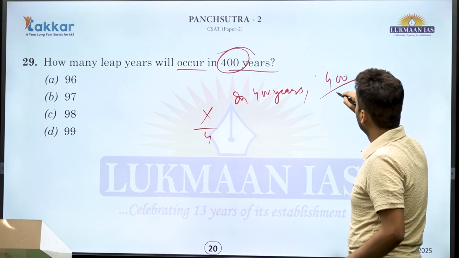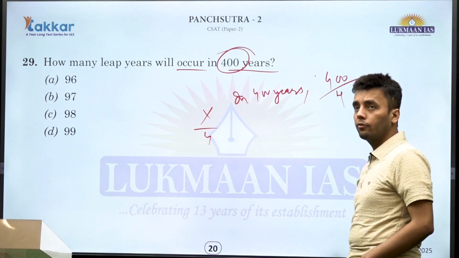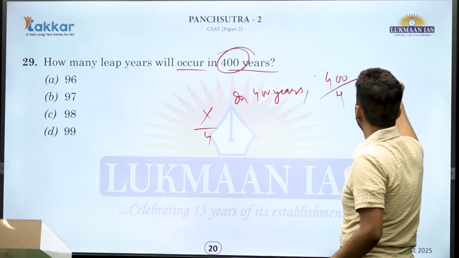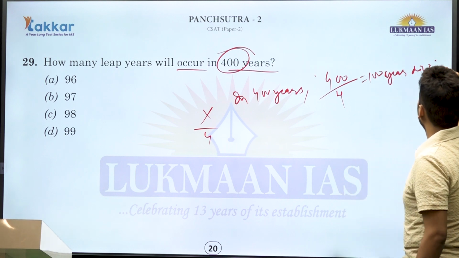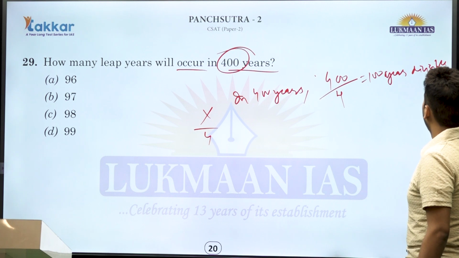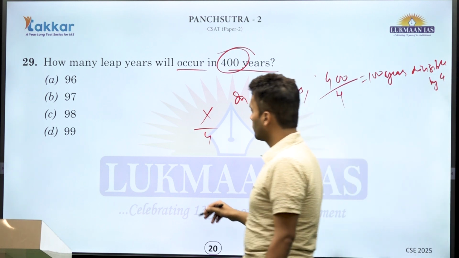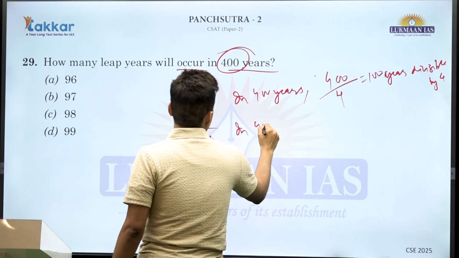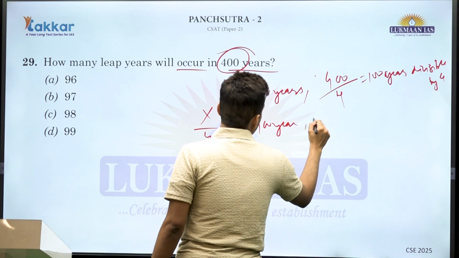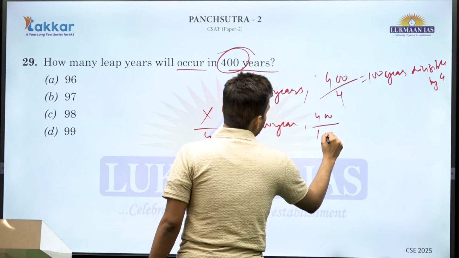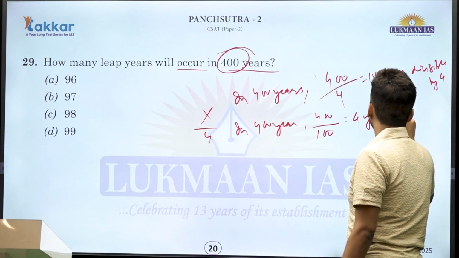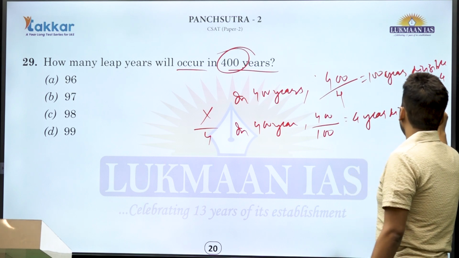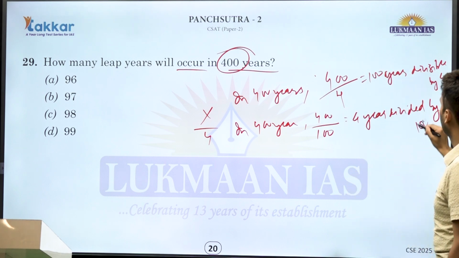if we divide 400 by 4, there will be 100 years divisible by 4. Next, in 400 years, if we divide 400 by 100, there will be 4 years divisible by 100.